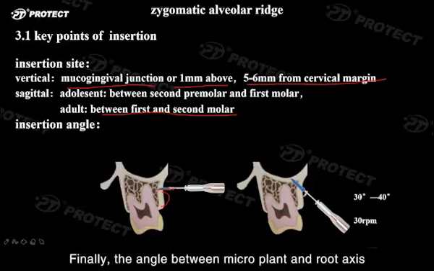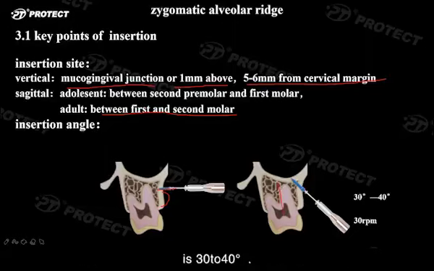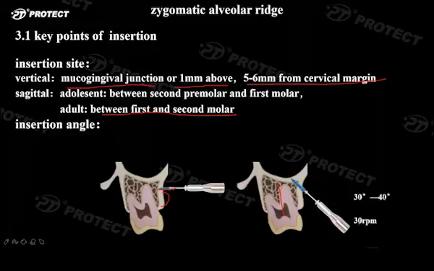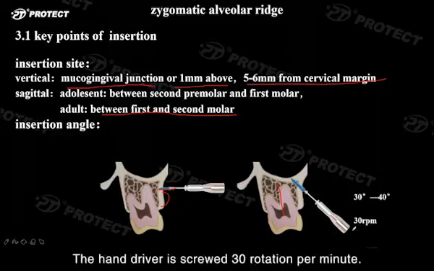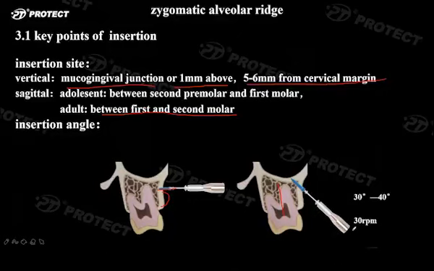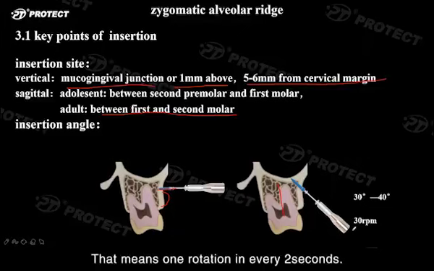Finally, the angle between the micro-implant and the root axis is 30 to 40 degrees. The hand driver is screwed at 30 rotations per minute. That means 1 rotation every 2 seconds.